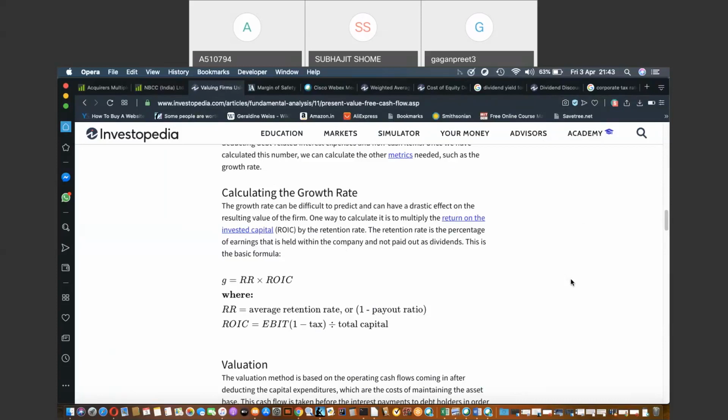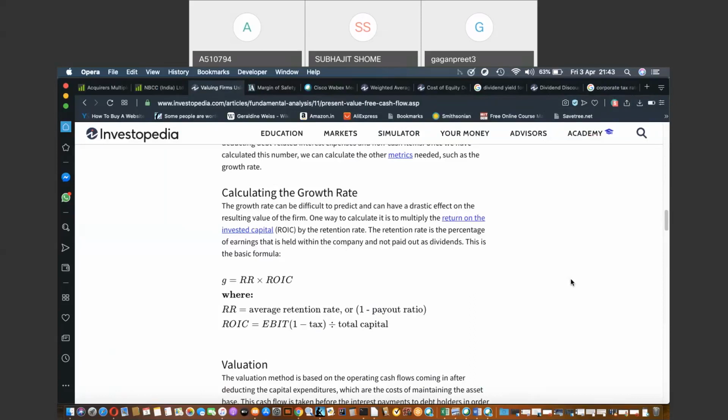G is 0.0358. Your calculation, how much are you getting? 0.0355. So let us say 0.0356 as an average figure.